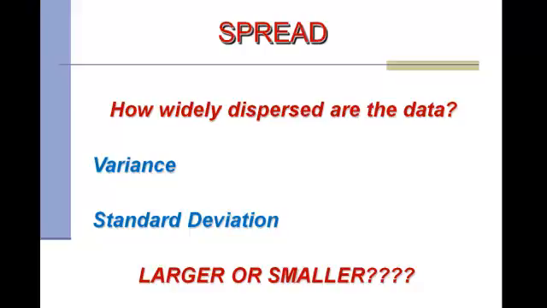So you get these numbers, whether they're the variance or the standard deviation. What do they mean? Well, the larger the value, the more widely distributed the data are around the mean. The smaller the standard deviation or the smaller the variance, the more closely packed or narrow the distribution is around the mean.